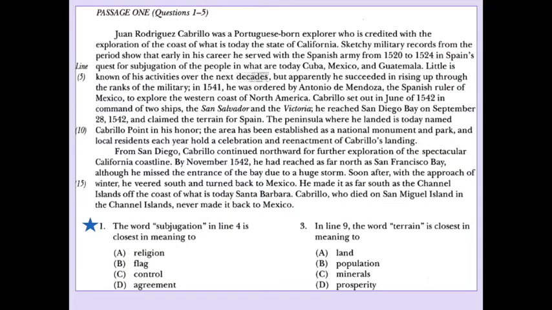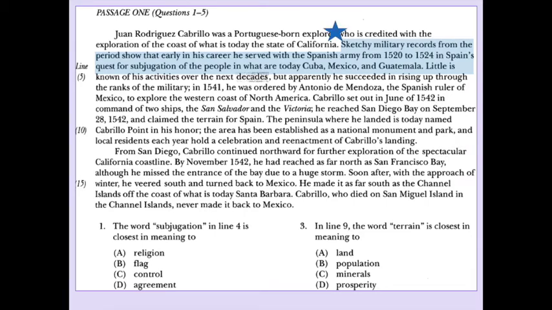Number 1. The word subjugation in line 4 is closest in meaning to. Okay, so first, we always need to read the sentence.